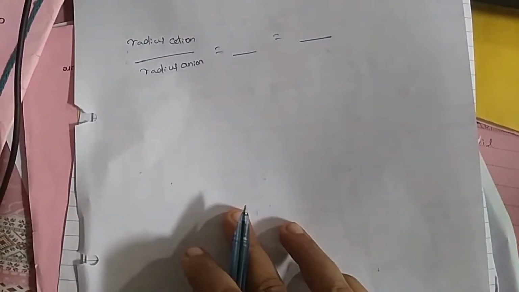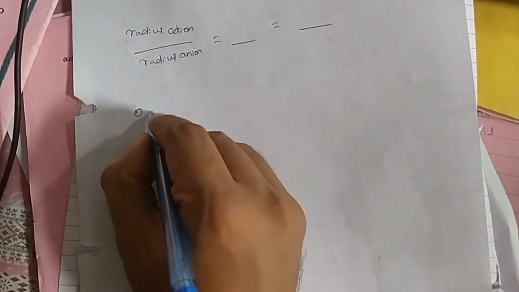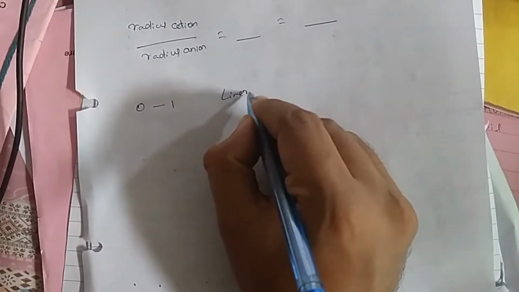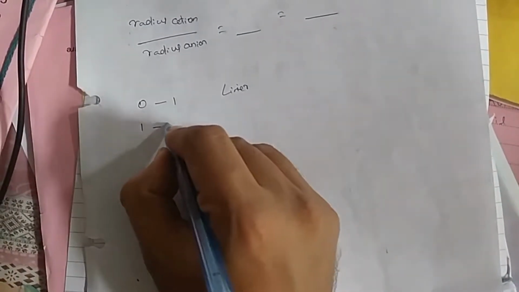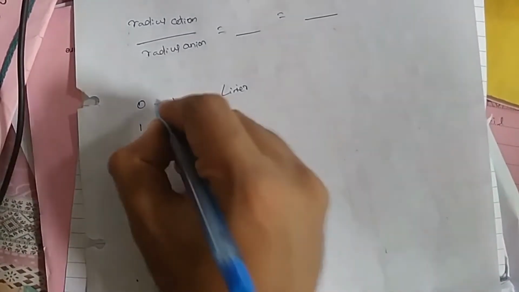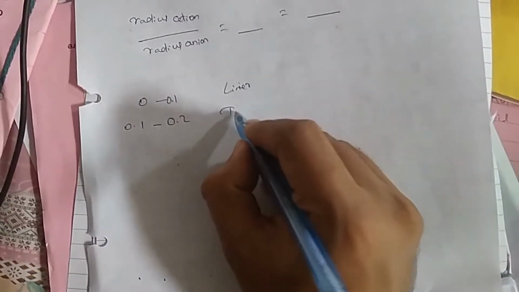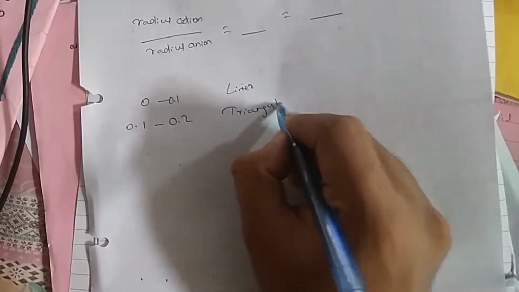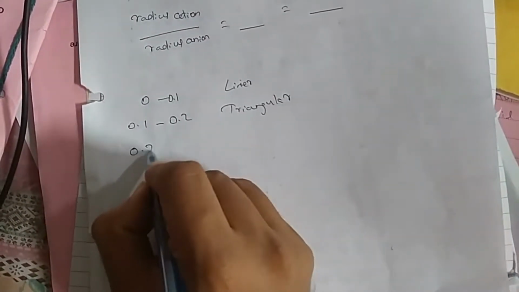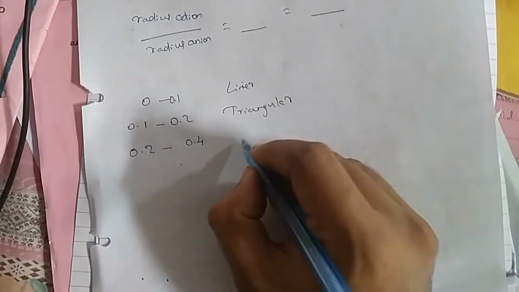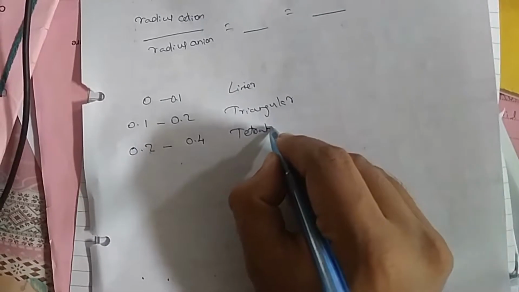If the radius of a cation and the radius of an anion are known, and the ratio is between 0 and 0.1, then it belongs to the linear structure. If it is between 0.1 and 0.2, then it belongs to triangular geometry. If it is between 0.2 and 0.4, it is tetrahedral geometry.